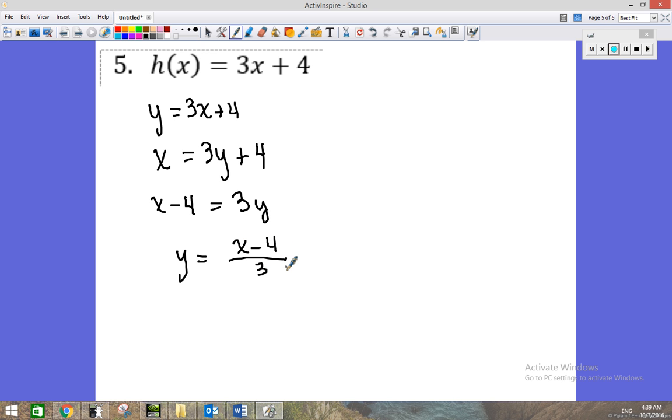Now, that's fine to leave it like that, but it's possible that some people may not recognize quite as quickly that this is also a line. So let's recognize that this single fraction can be broken apart into two fractions, that each term in the numerator gets divided by 3, and then to divide by 3 is the same thing as to multiply by the reciprocal of 3.